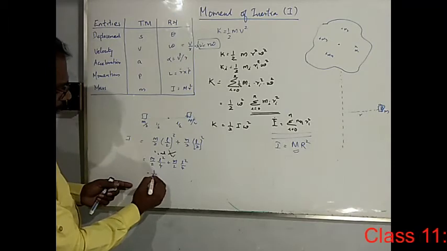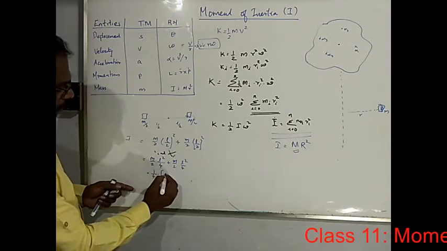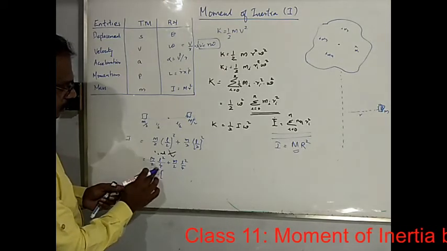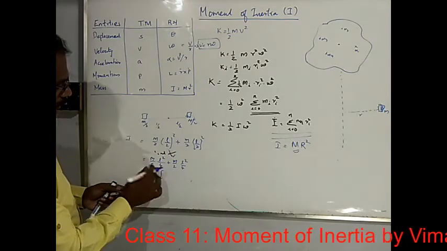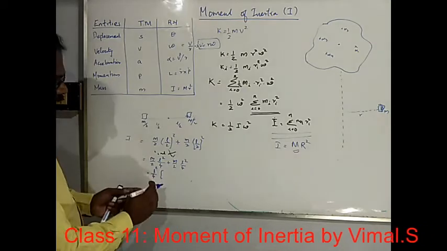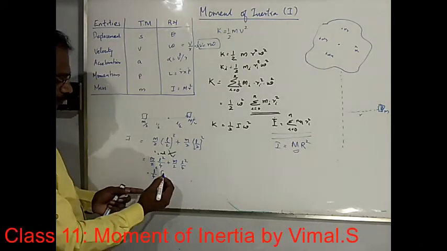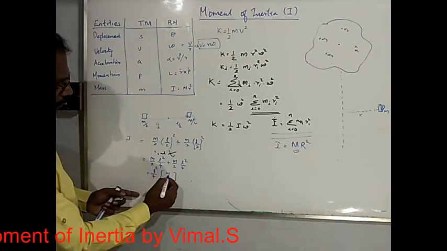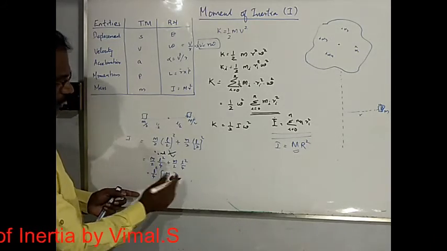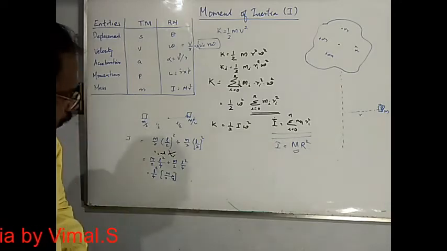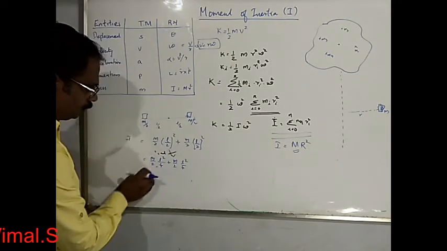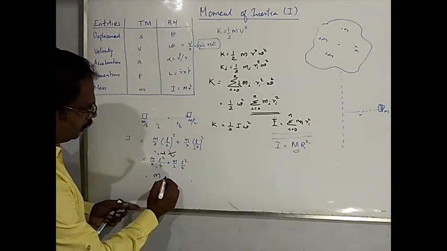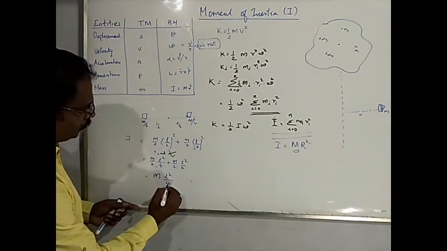L square by 4 can be taken outside, and this is equal to m by 2 plus m by 2, that is m itself. Therefore, the equation becomes m L square by 4.